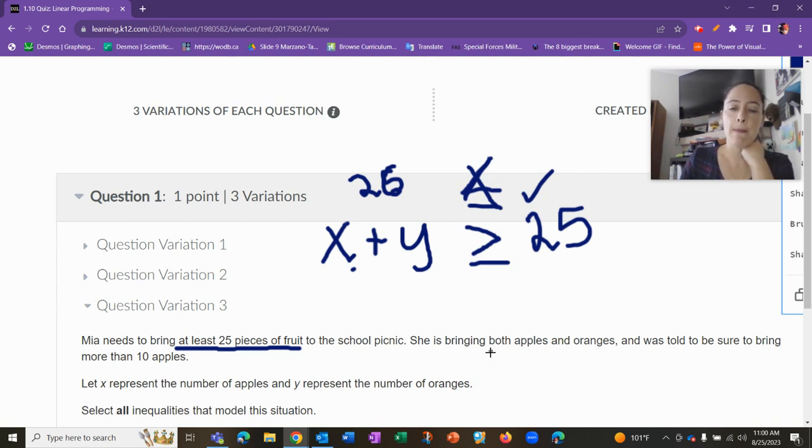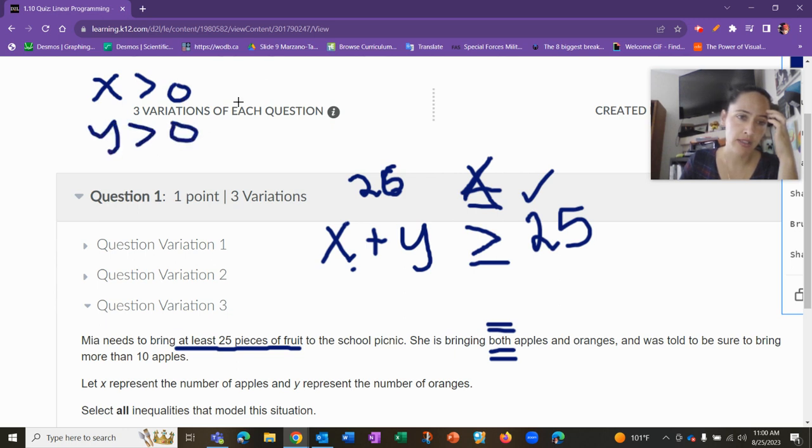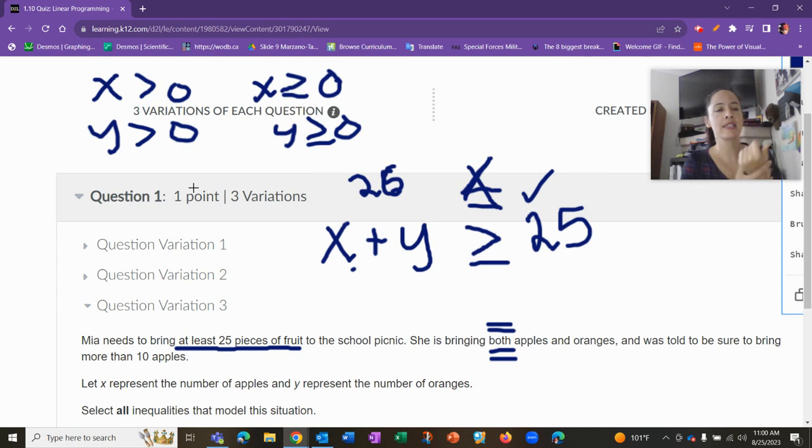Okay, she is bringing both. That's a key phrase when we think about inequalities because we have this option of X greater than 0, Y greater than 0, X greater than or equal to 0, Y greater than or equal to 0. We talked about it in class, and the idea is, can it equal 0?